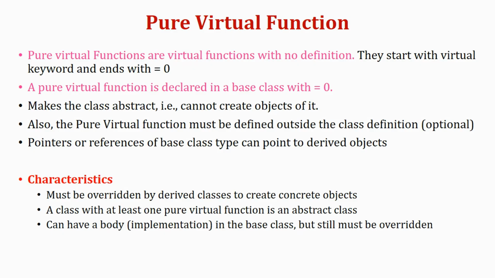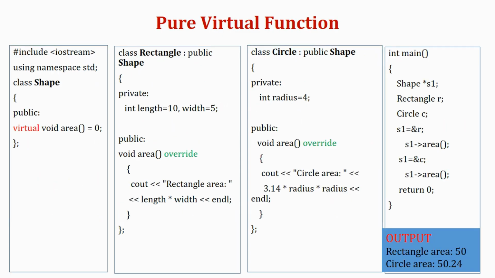It must be overridden by derived classes to create concrete objects. A class with at least one pure virtual function is an abstract class. It has no implementation in the base class, but still must be overridden. For example, class shape, and then we are declaring the object that is a pure virtual function.